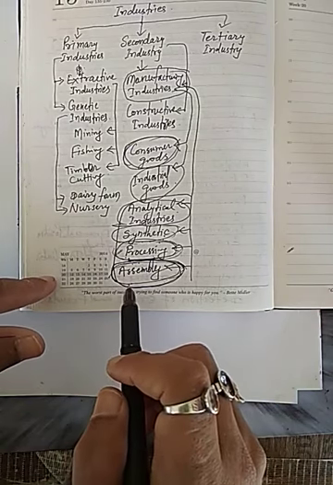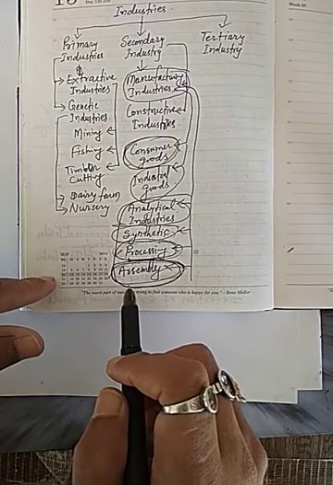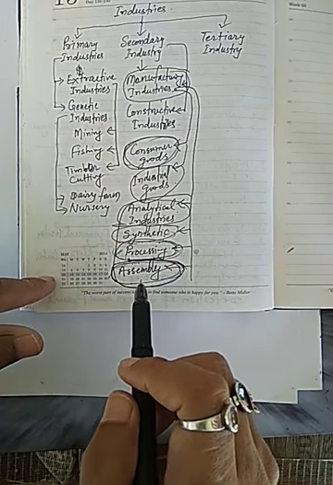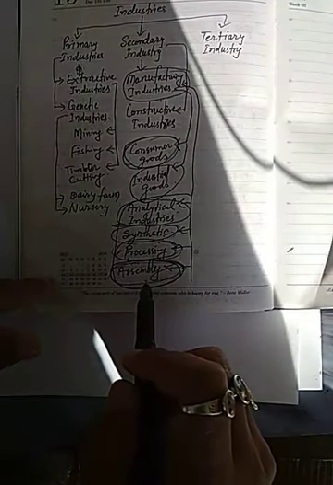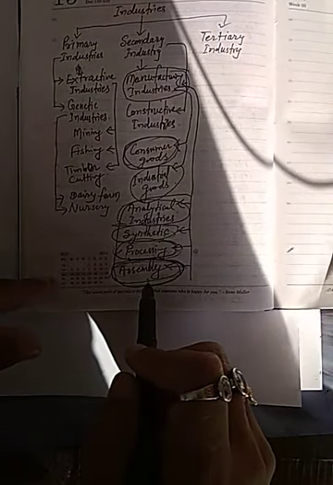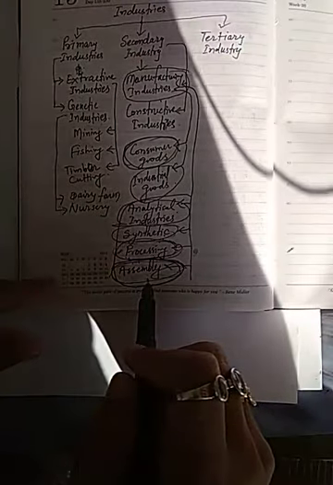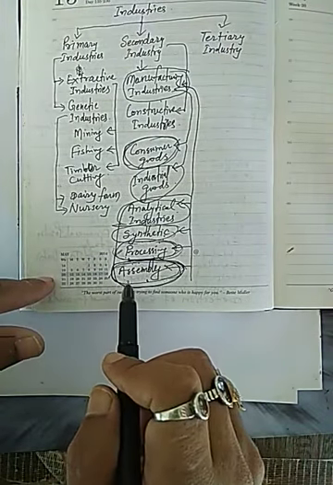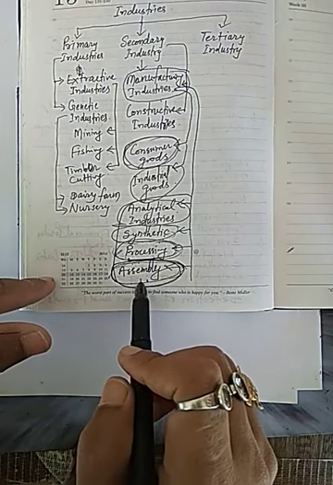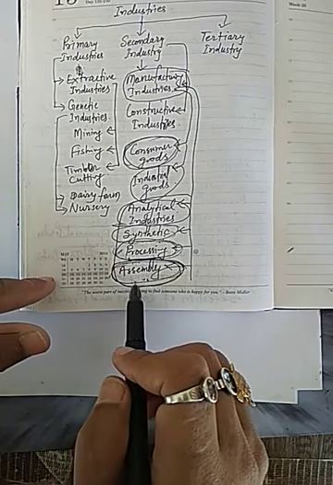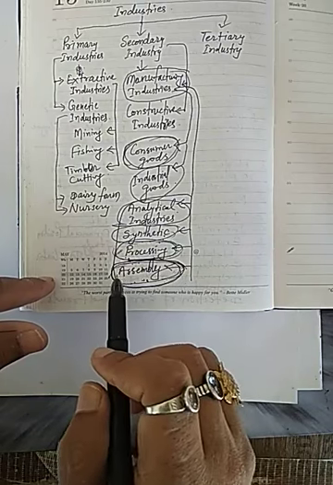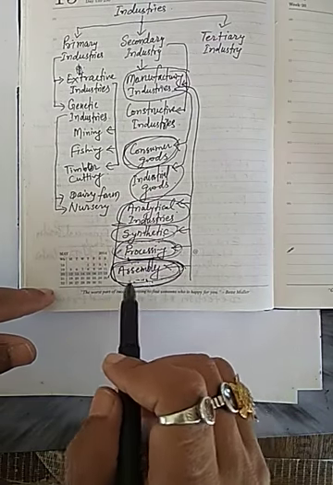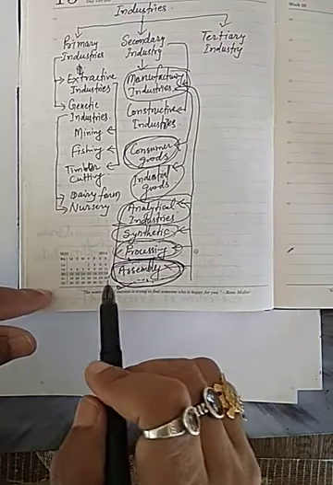Only one company cannot make a computer. It has to purchase glass from another company, plastic from another company, and some parts it manufactures itself. Television, watches, automobiles, car companies, etc. are the best examples of assembly industry.